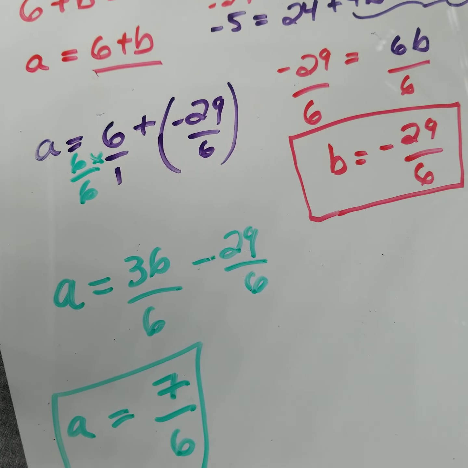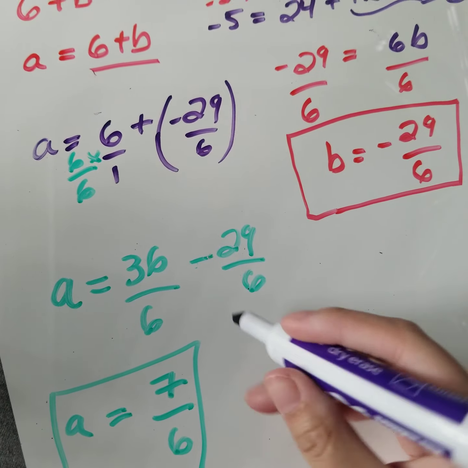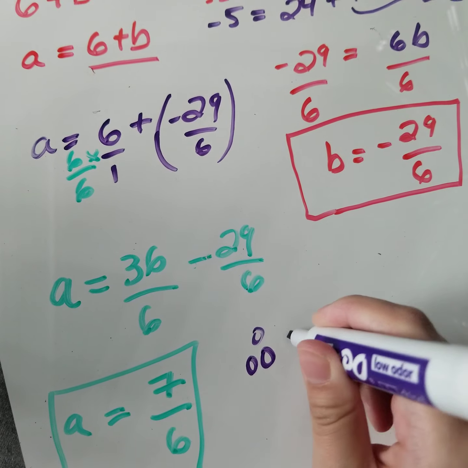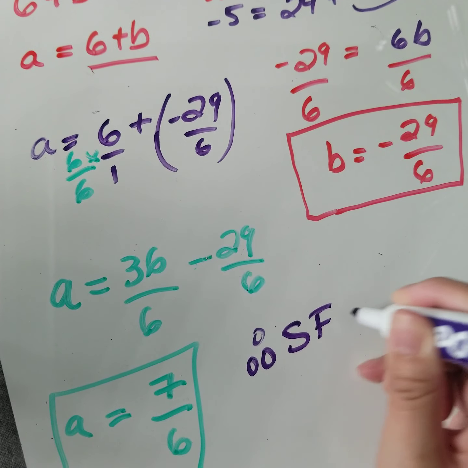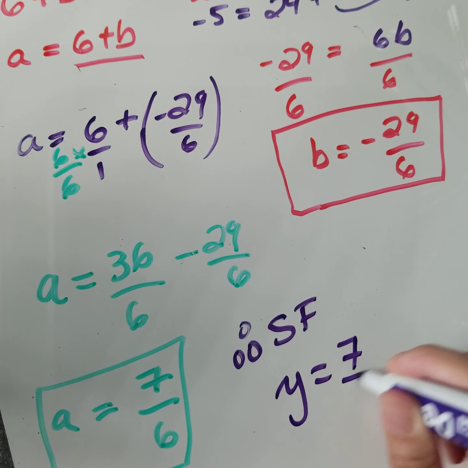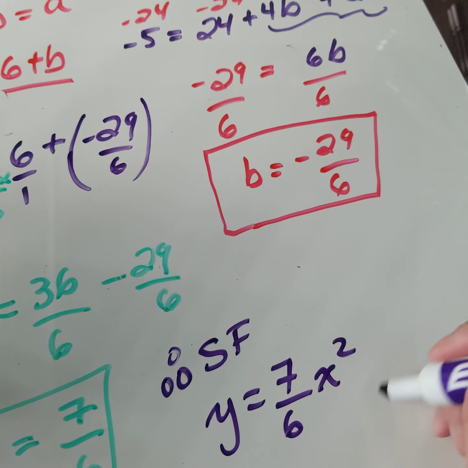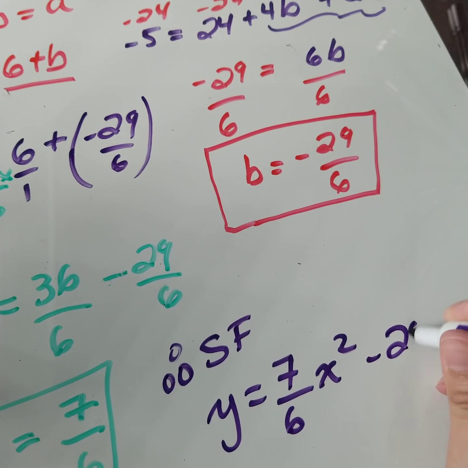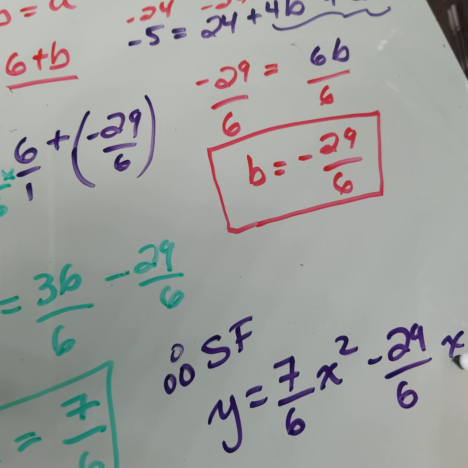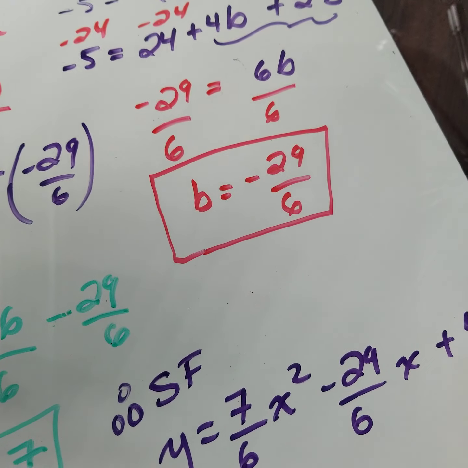So now that we have our values of a and b, and then the c value was given to us, we're going to now write therefore the equation in standard form would be y is equal to a x squared, our b minus 29 over 6x, and then plus our c value of 4.